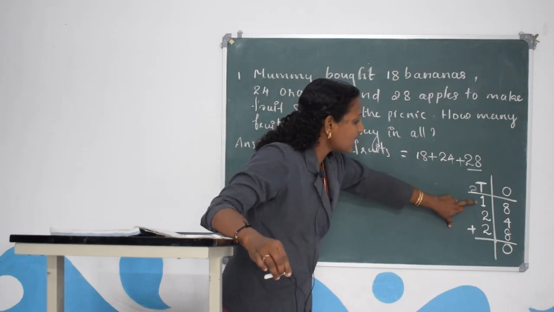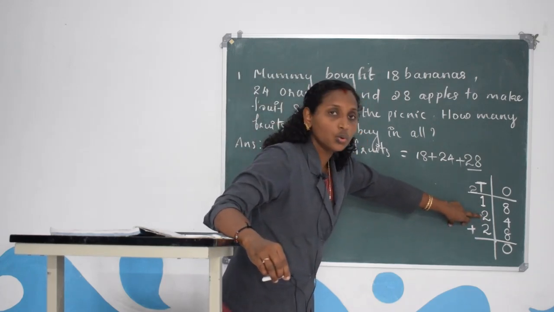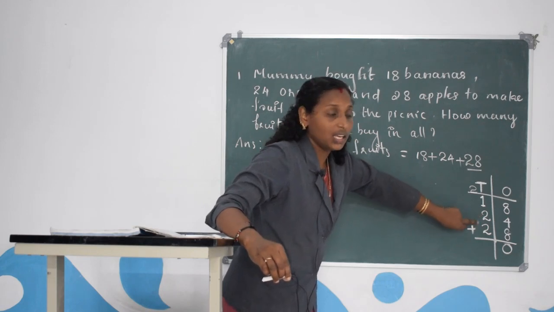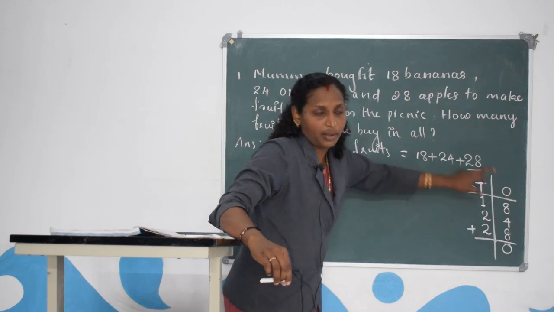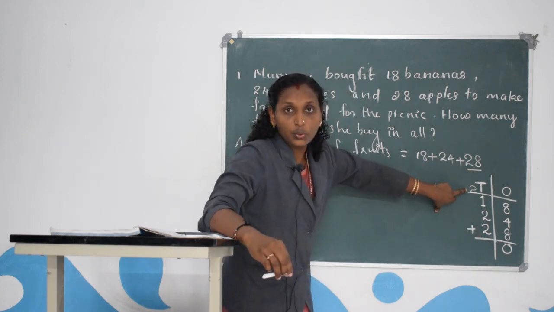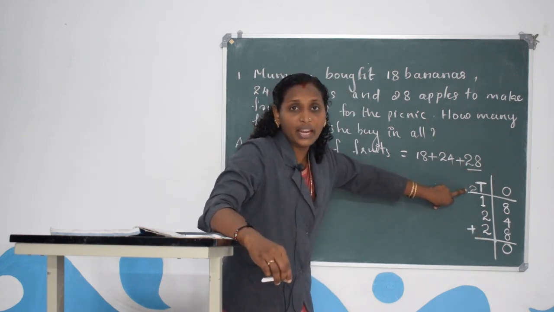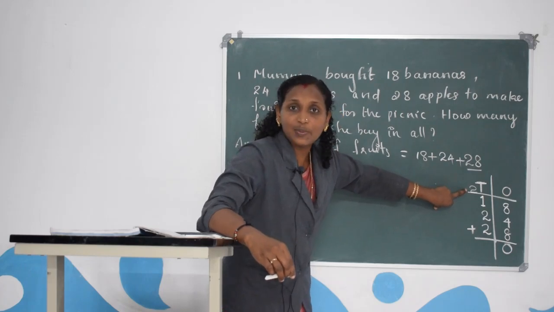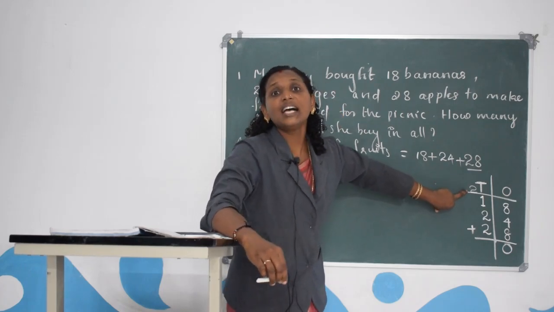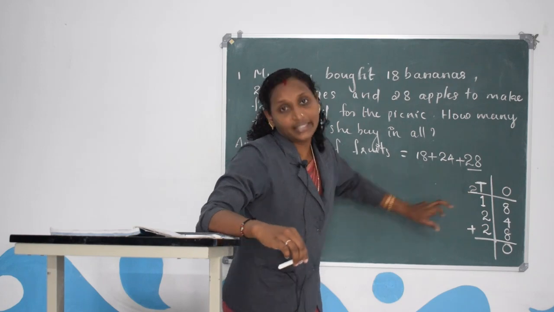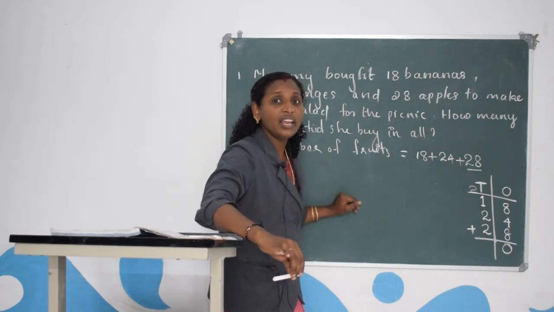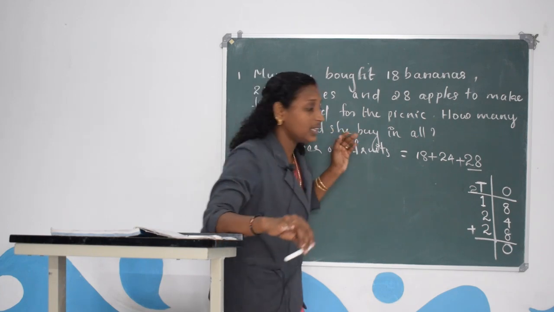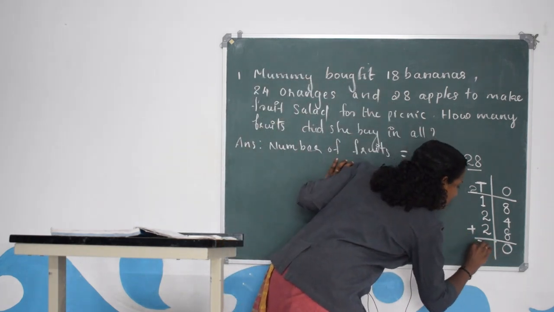Look at the tens. 1 plus 2 is 3. 3 plus 2 is 5. 5 plus 2 is 7. Adding the tens place, you get 7 tens, so write 7 in the tens place.